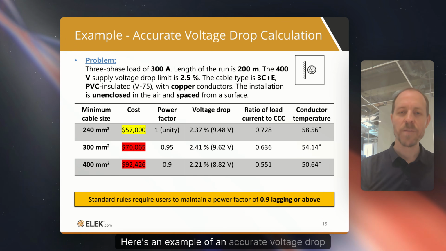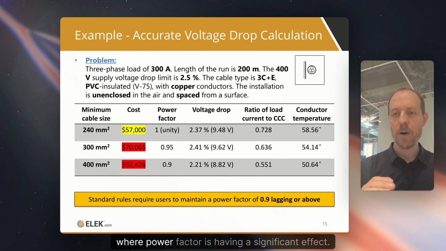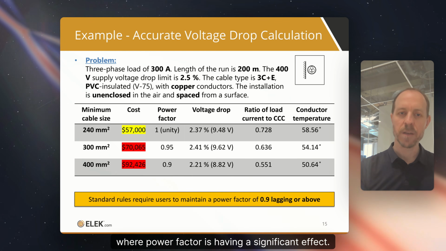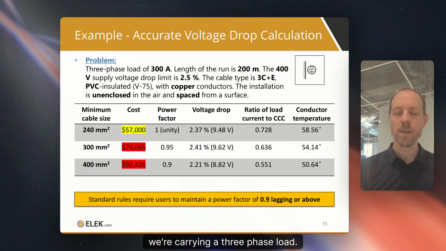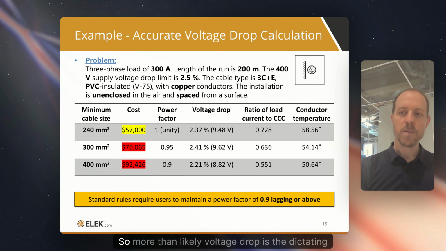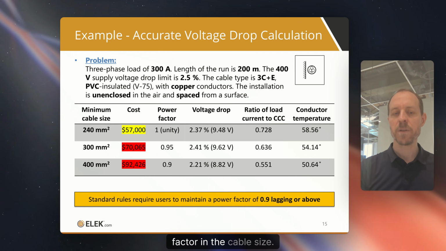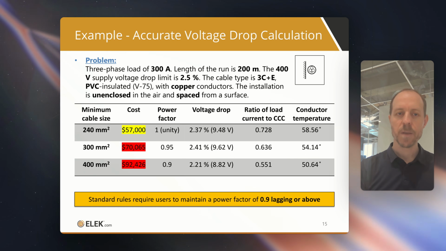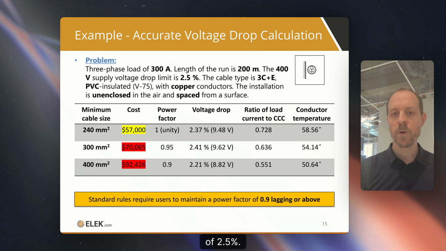Here's an example of an accurate voltage drop calculation where power factor is having a significant effect. So we're carrying a 3-phase load. The length of run is 200 meters. So more than likely voltage drop is the dictating factor in the cable size. It's a 400 volt supply with a voltage drop limit of 2.5%.